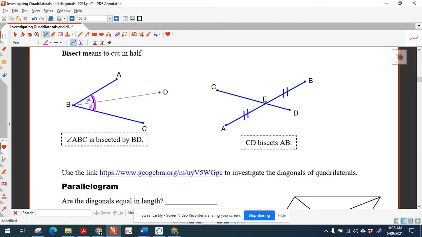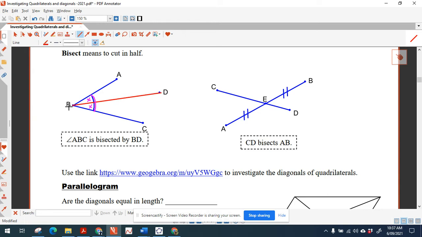So the two halves are equal in this particular angle, and the line which cuts them in half is BD. So let's just show that. BD is this line here. So the red line cuts the pink angle into two halves.